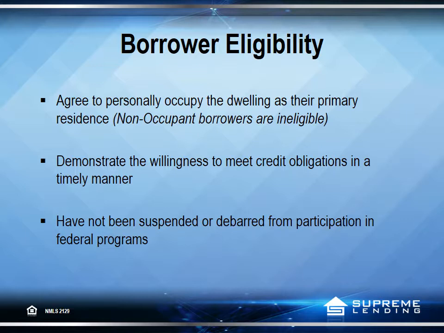Therefore, non-occupant borrowers are ineligible. Borrowers must demonstrate the willingness to meet credit obligations in a timely manner and must not have been suspended or debarred from participation in federal programs.